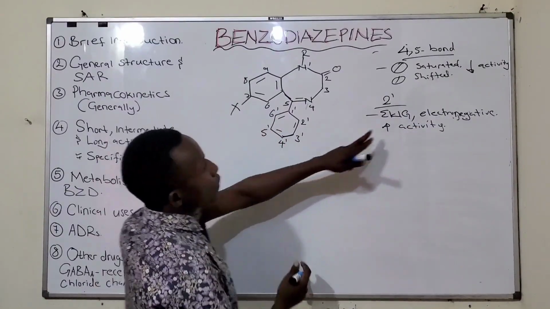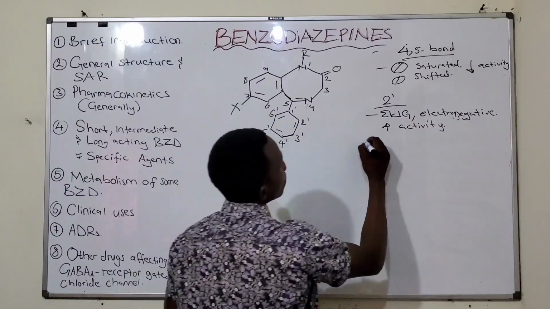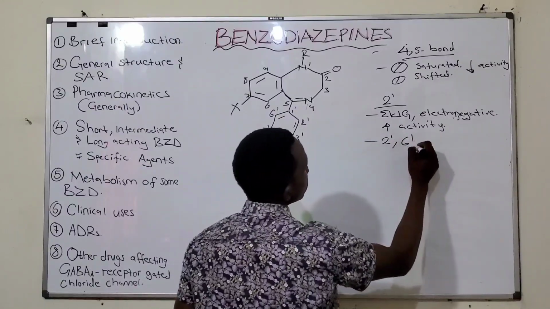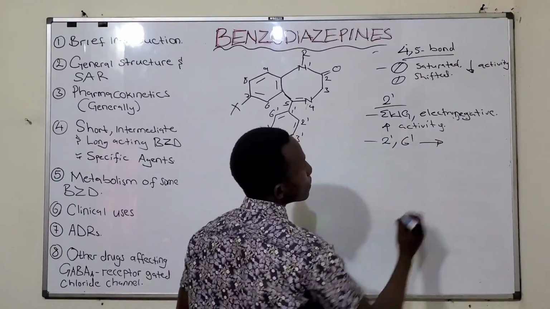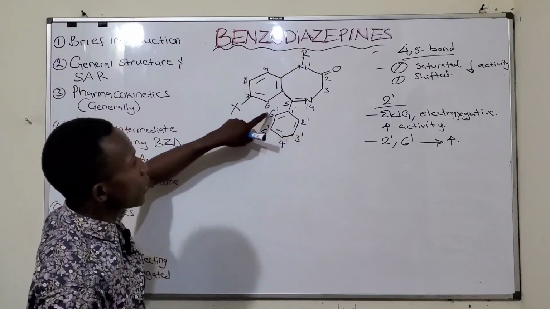And if this group is added at position 2' and position 6', it's the same. Addition of an electron withdrawing group or electronegative group increases the activity here at this position and this position.